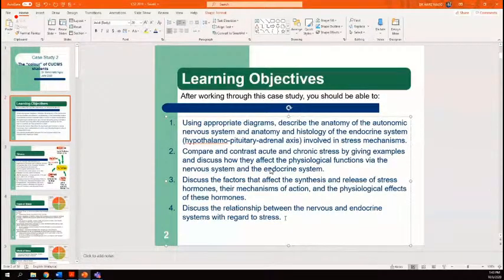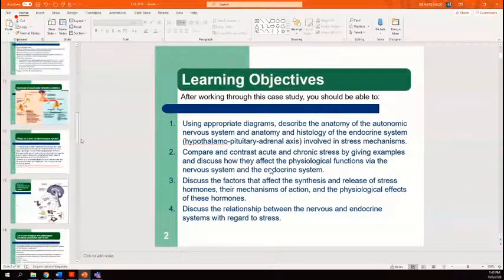Doctor, regarding the conscious control of stress, does it have anything to do with the hippocampus and then how it affects the amygdala, which then affects the hypothalamus and then affects the autonomic nervous system? It does, because your hippocampus is the one that is modulating your autonomic nervous system.